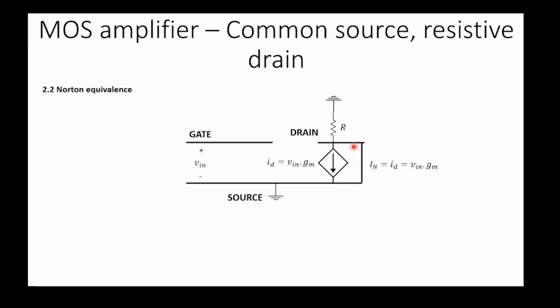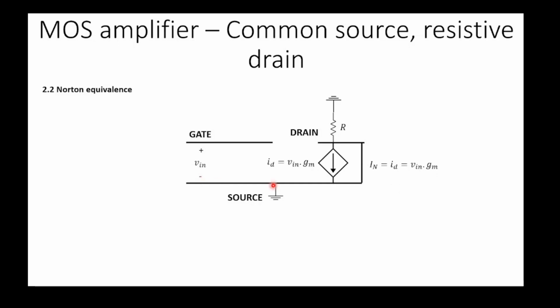So IN equals our drain current ID, and according to the small signal model of our MOS, ID is equal to Vin times Gm.